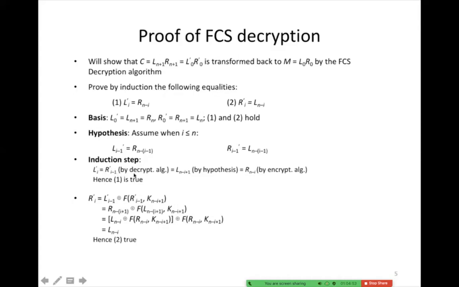For this, we know by hypothesis that it is equal to L sub n minus I plus 1. And then by the encryption algorithm, we know that R sub n minus I is the previous left-hand side.